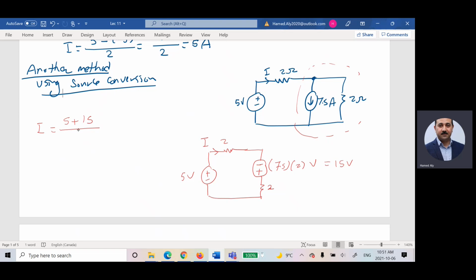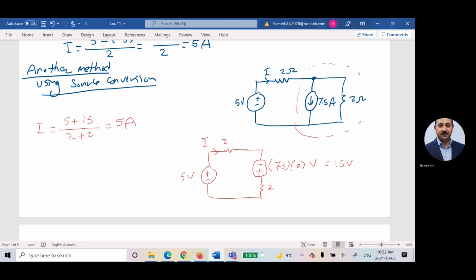Can I find the total resistance? Yes, they are connected in series, so the total resistance will be 2 plus 2. If you calculate that, this will be equal to 20 over 4, which is 5 amps. I'm right. I got the same answer, which means this is the right way for solving such a problem.